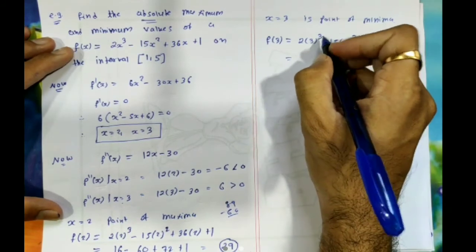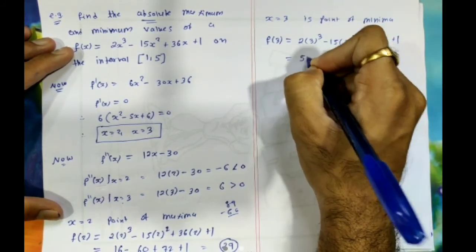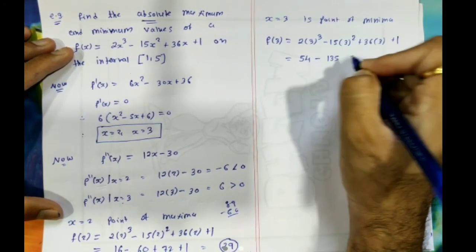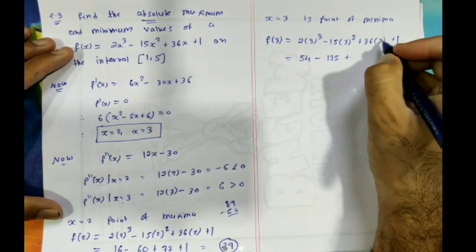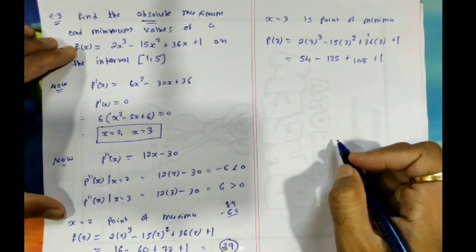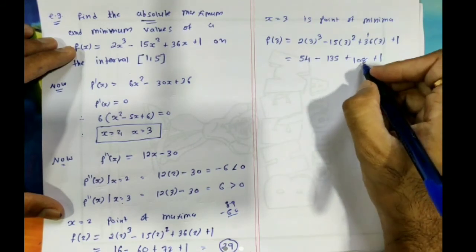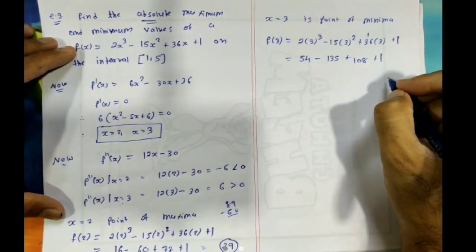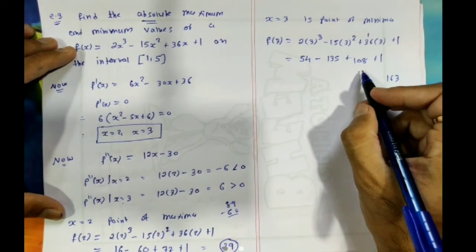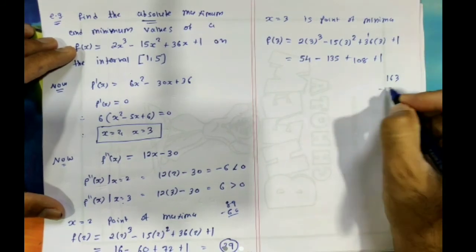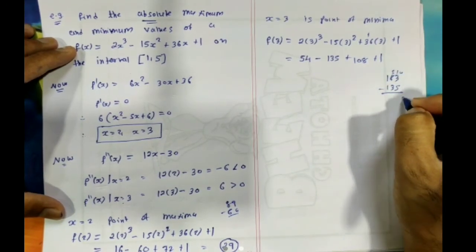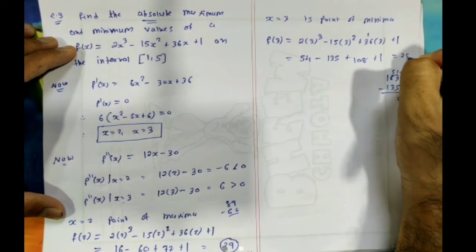So it will be 3 cube 27, 27 2s are 54, minus 3 square 9, 15 9s are 135, plus 36 3s are 108, plus 1. Now do the addition and subtraction: 108 plus 54 is 162, and 163, minus 135. So this value is 28.